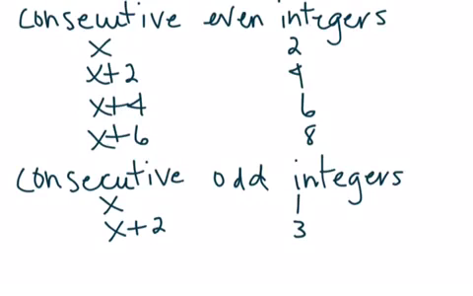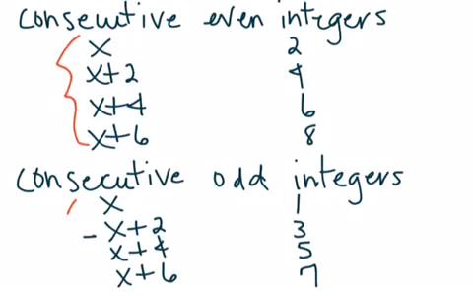And the next one's 5, so that would be 2 more than this one, so x plus 2 is x plus 4. And if we go to the next odd number, it's 7, so we have x plus 4 plus 2, which is x plus 6. So if someone says that to solve a problem with consecutive even or consecutive odd, you use the same symbols, that is true.